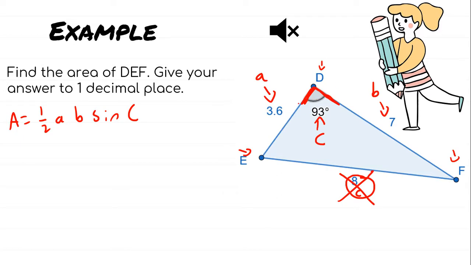Look at your angle and look at the two adjacent sides, the two sides next to it. Once you've done that, that's the hard bit, by the way. This bit now is really easy. You've written this out, you've got your marks for the process, and then you're just going to type it into your calculator.